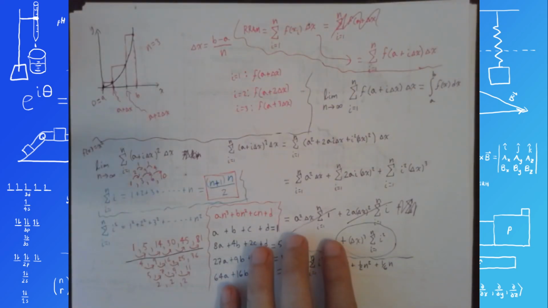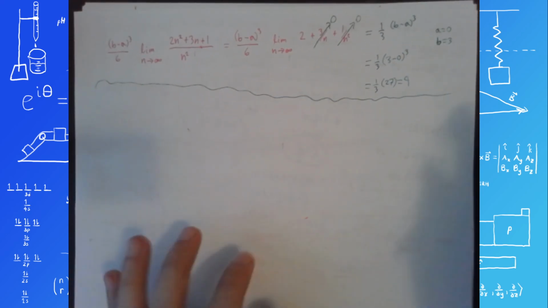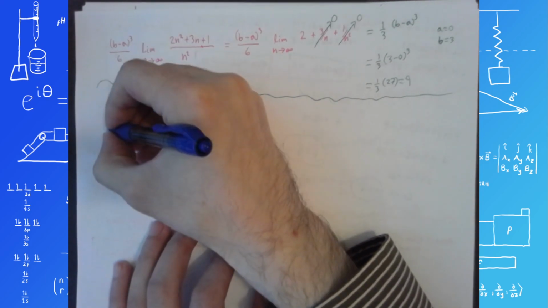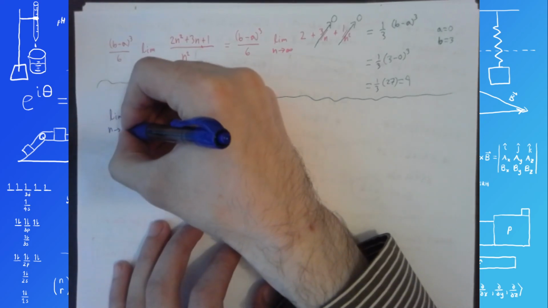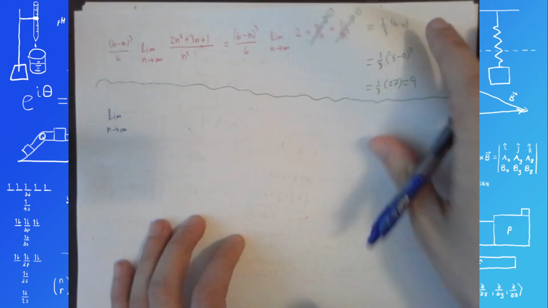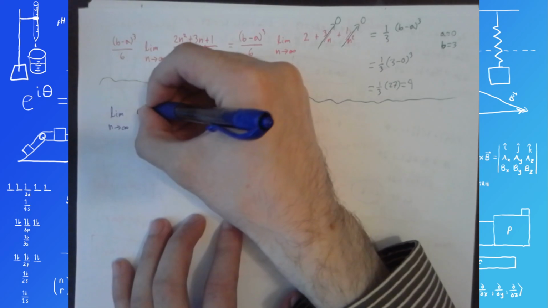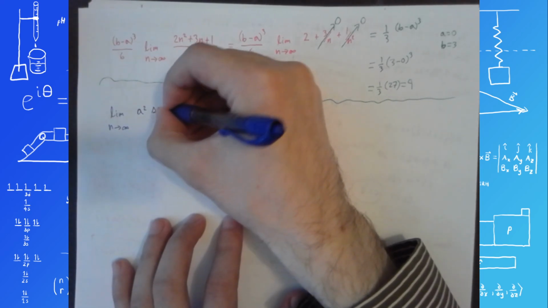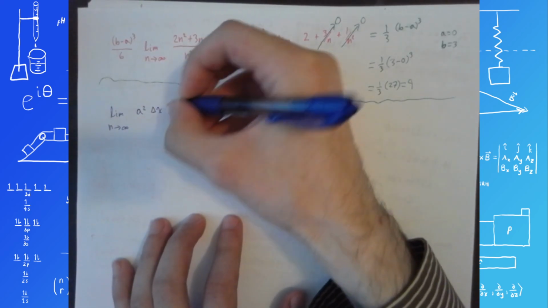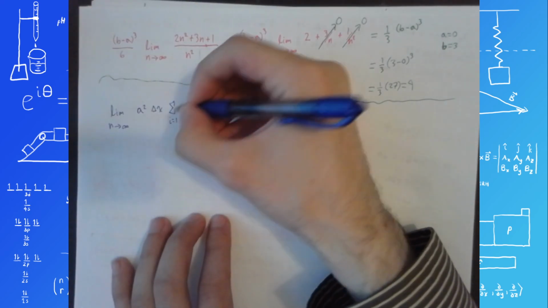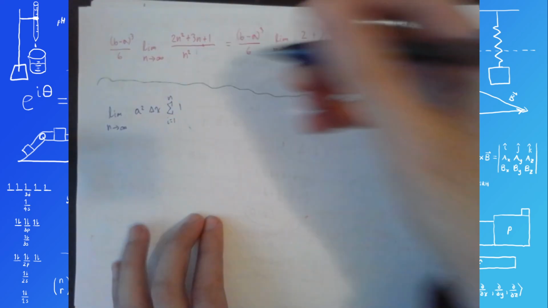So limit as n approaches infinity, let's see. Limit as n approaches infinity, I'll do one term at a time, of, what was it again, a squared delta x? Yeah, a squared delta x times the sum from i equals 1 to n of 1.